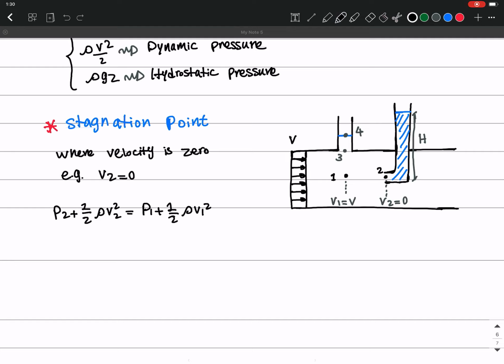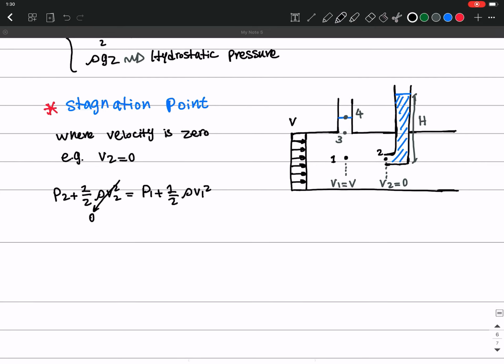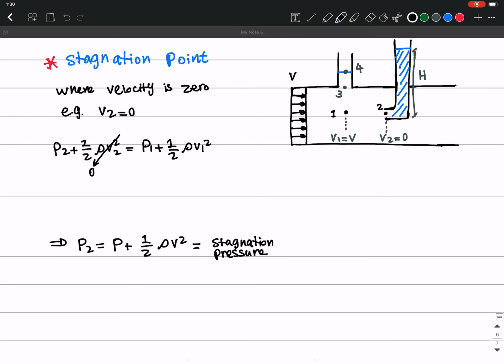Because it is a stagnation point here. So I can say that P2 equals P plus 1/2 rho V squared. Instead of V1, I just write V. And this we call the stagnation pressure.